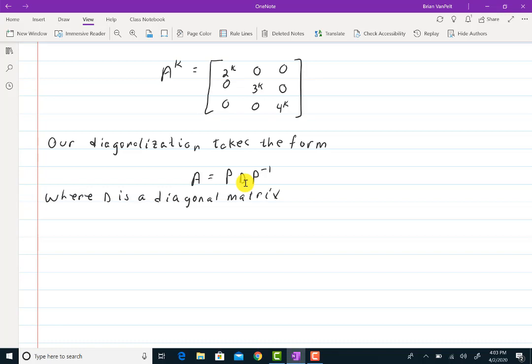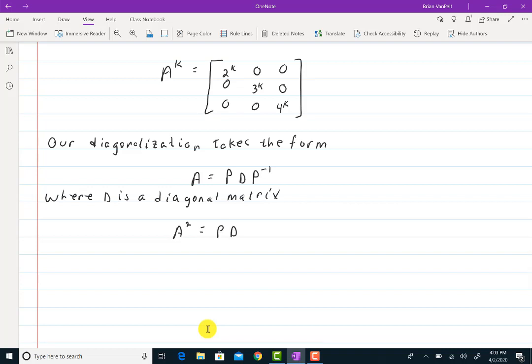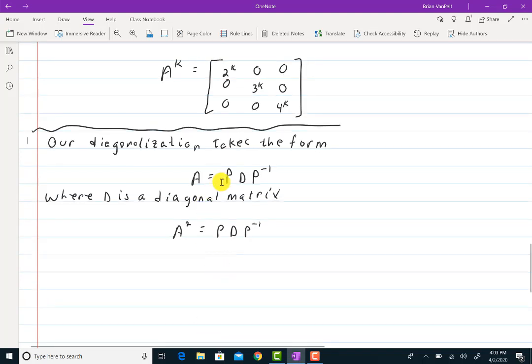Well, you can see up here, when you take powers of a diagonal, it's very simple to do. Check this out. When I take A to the second power, I'm going to get P D P inverse. I don't want you to think this is the same A that I was working with just a minute ago. This is the format we will be working with here.